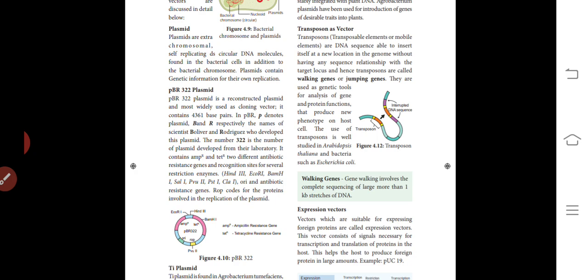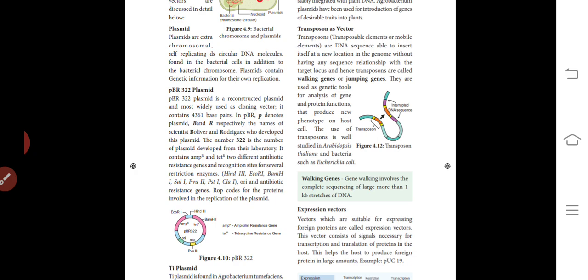Next, pBR322 plasmid. pBR322 is a reconstructed plasmid and the most widely used cloning vector. It contains 4361 base pairs. In pBR, p denotes plasmid, and B and R are the initials of the scientists Bolivar and Rodriguez, who developed this plasmid.